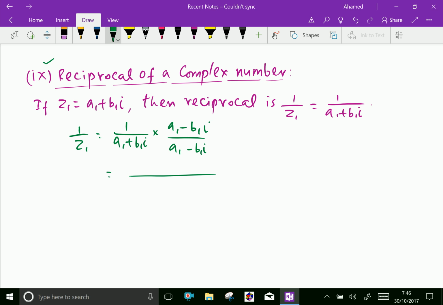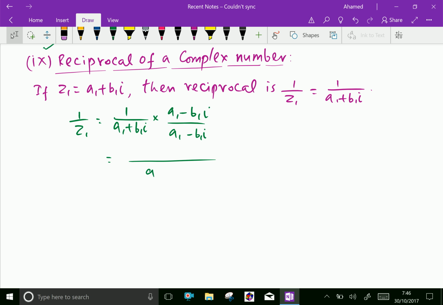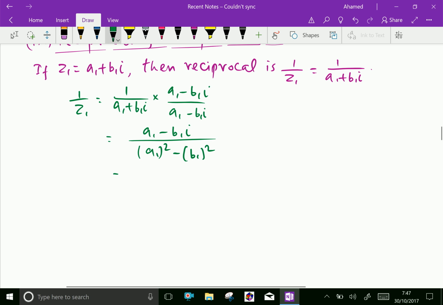Here as a denominator a1 squared, directly write b1i minus b1i whole squared is minus b1 squared, and on top 1 into a1 is a1 minus b1i, which is further equal. In simplified form we can write a1 minus b1i over a1 squared minus b1 squared.